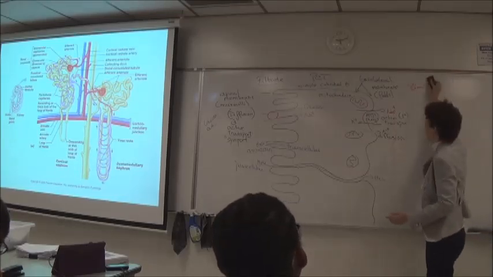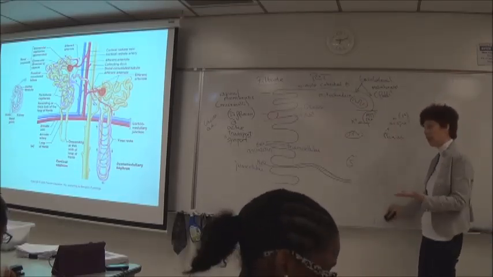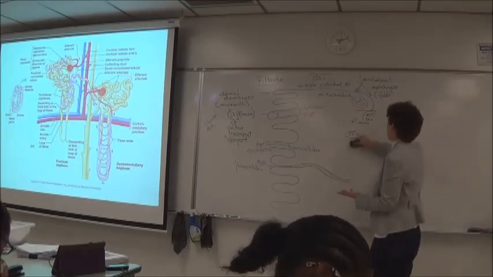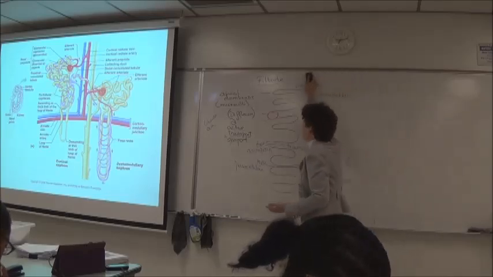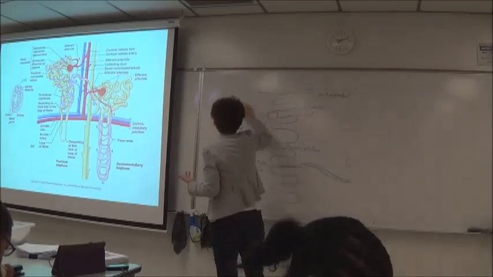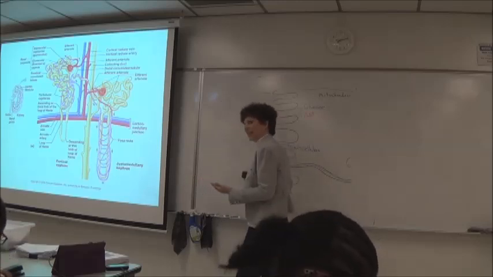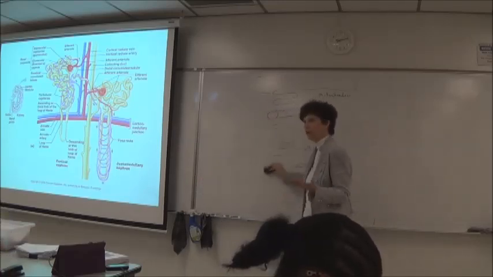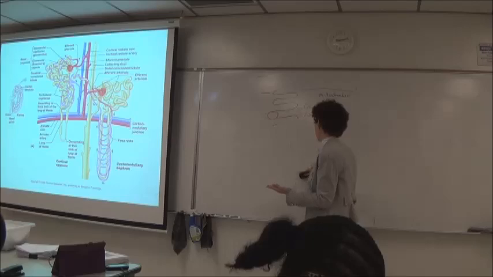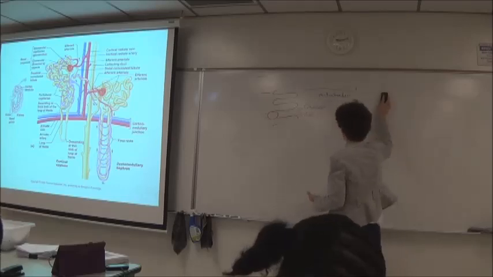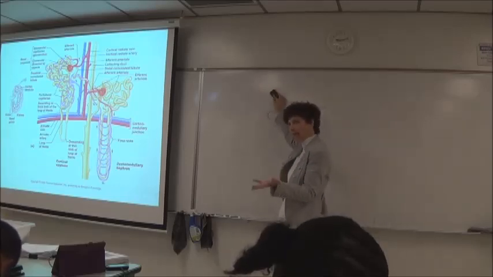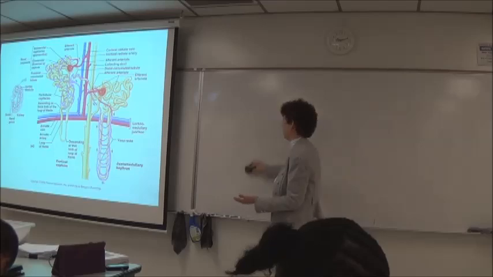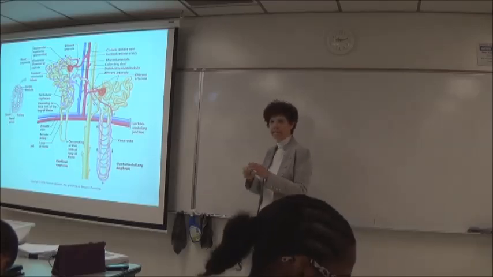Osmolality is a reference to the number of particles that are in a solution. So if I take 10 molecules of glucose and 10 molecules of sodium ion and put them each in a beaker with 10 mils of water, which one would have a higher osmolality? They have the same.